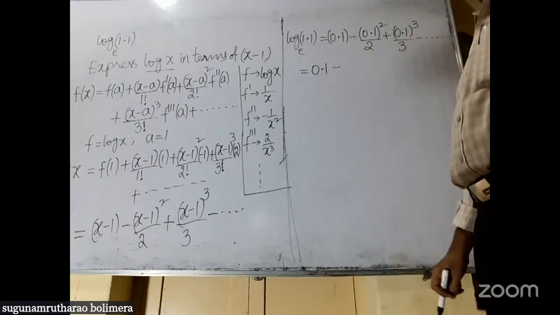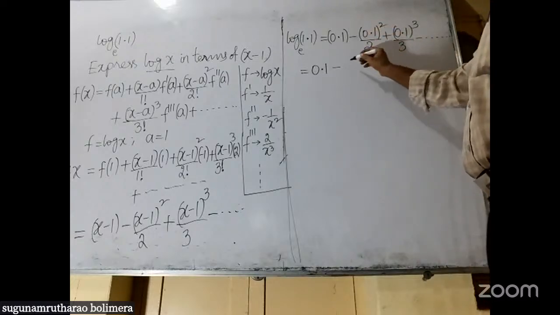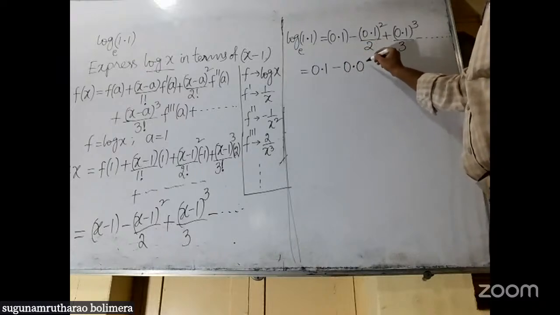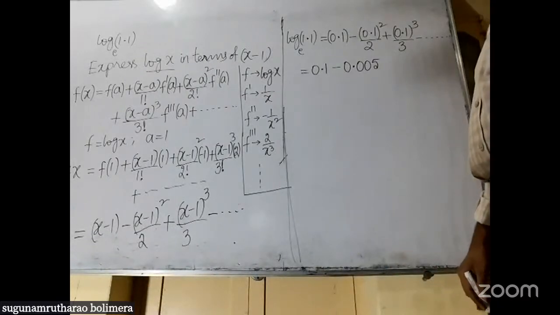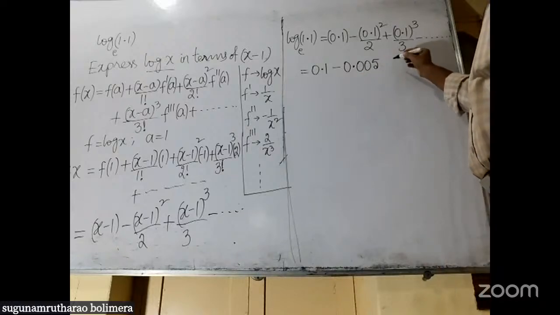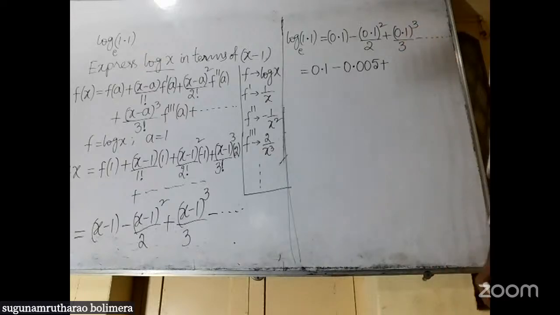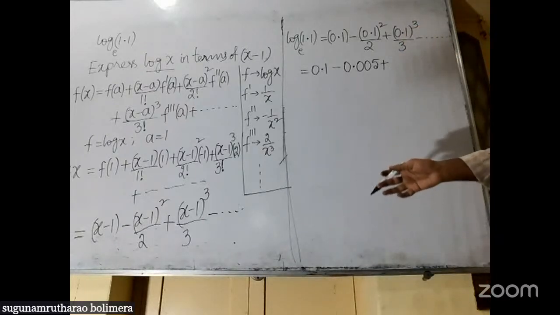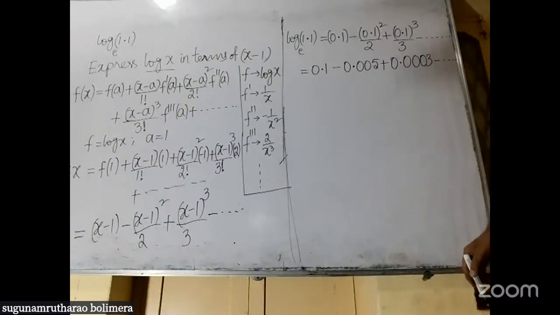minus 0.1 whole square is 0.01 by 2, nothing but 0.005, plus 0.1 whole cube is 0.001, so by 3 means 0.0003, minus and so on.